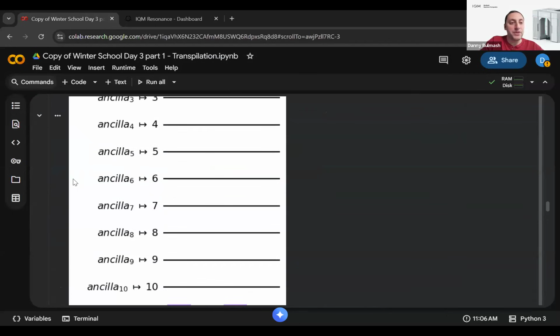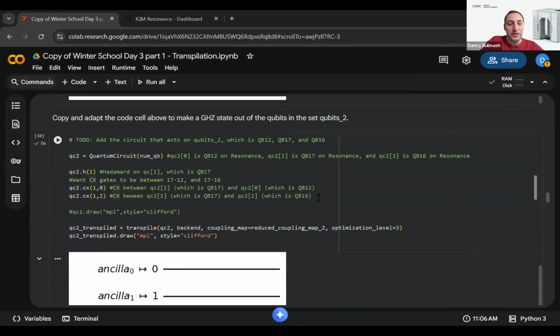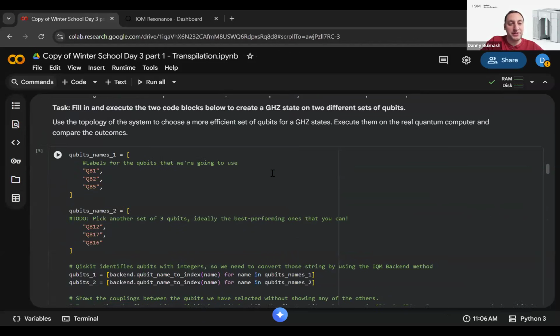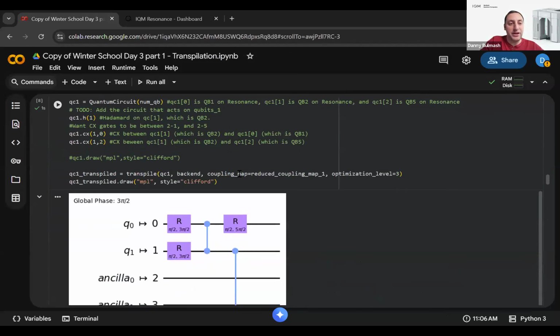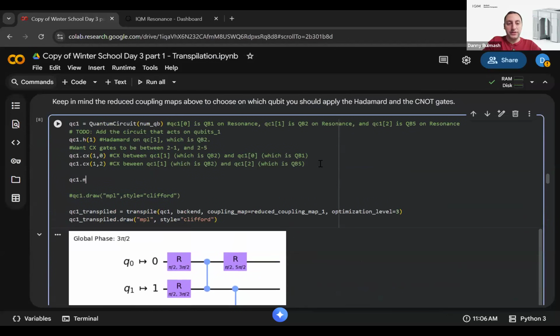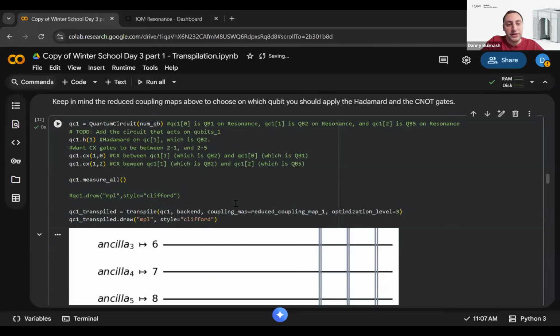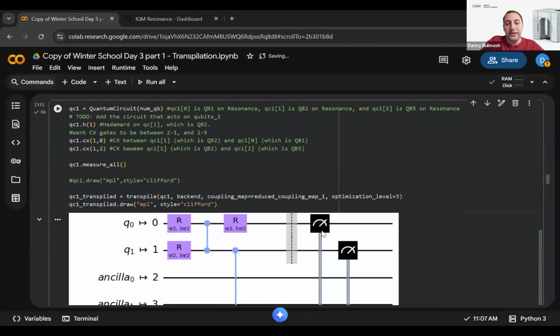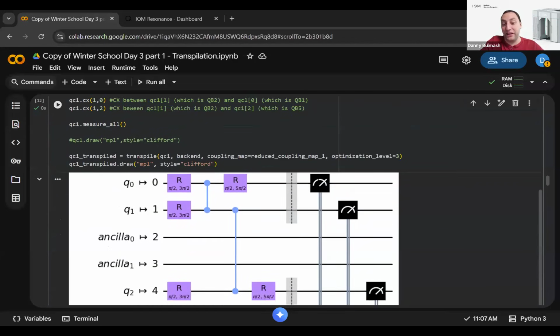Oh, that's what happened. I forgot to tell this thing to measure the qubits. At the end of the circuit, you have to do QC1.measure_all. That tells it to actually go ahead and measure the state of the qubits. If you don't tell it to do the measurement, it won't measure anything.